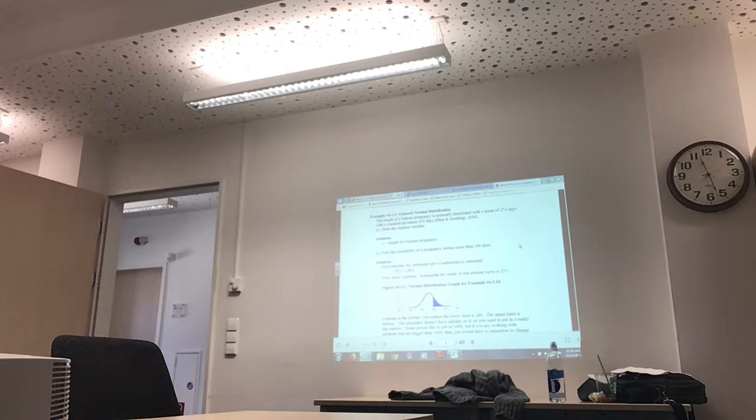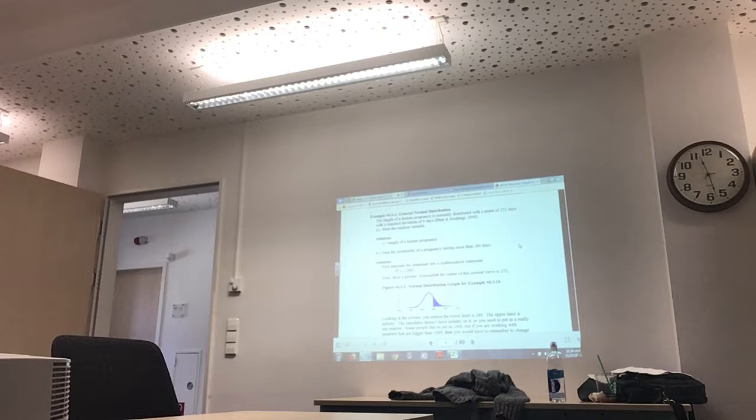So step one, draw a bell curve. Always draw a picture. And then it says the standard deviation is equal to 9 days.